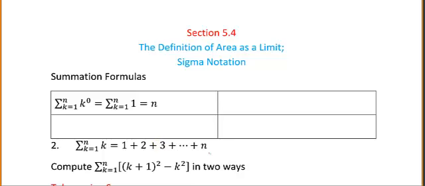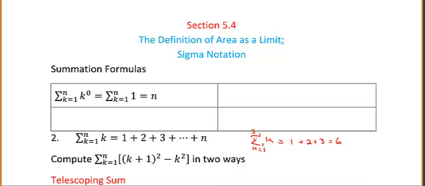For example, the sum as k goes from 1 to 3 of k is 1 plus 2 plus 3, and that would be 6, and so on. But notice it would be a much bigger job if we had the sum as k goes from 1 to 30 of k. So what we'd like to do is develop a formula for that.